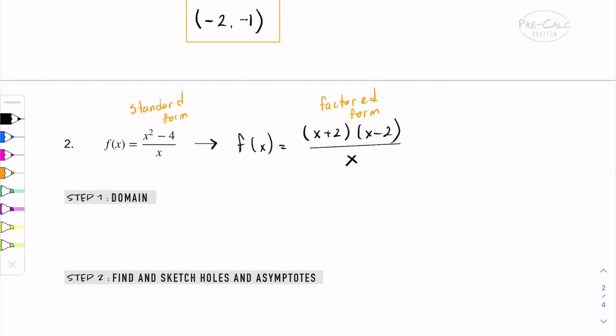The domain is setting the denominator equal to 0. In this case, x cannot equal 0. So the domain is -infinity to 0 with a union 0 to positive infinity.